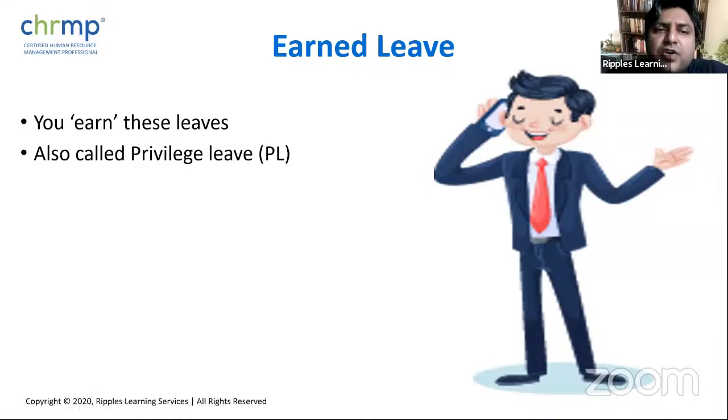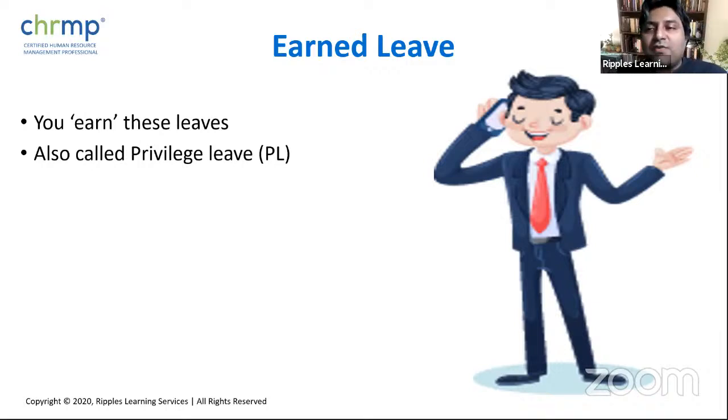There is a privilege associated with this leave: in case you don't take this leave, you will get extra money paid for it. So think of it this way. You are given these leaves to use, but just in case you don't take them, you get paid for them. If you take this leave, nothing happens. No loss of pay happens. You still get your entire salary because you've just used the leave.